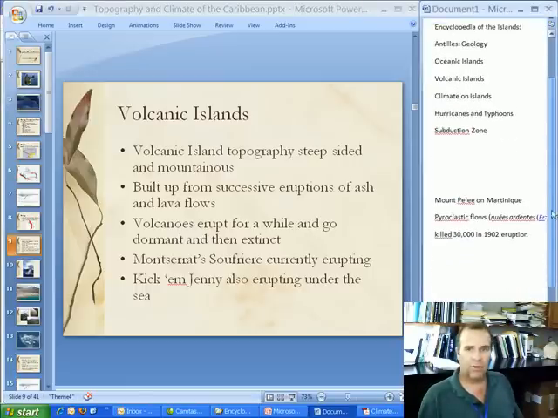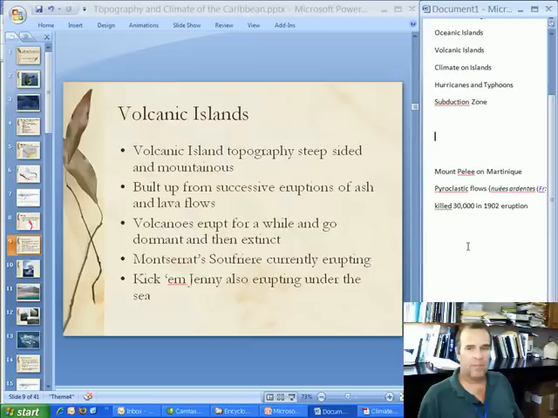Some of the other notable eruptions in the past were Montagne Pelée in Martinique. It erupted in 1902 and killed over 30,000 people in a number of eruptions over the course of a couple of months.